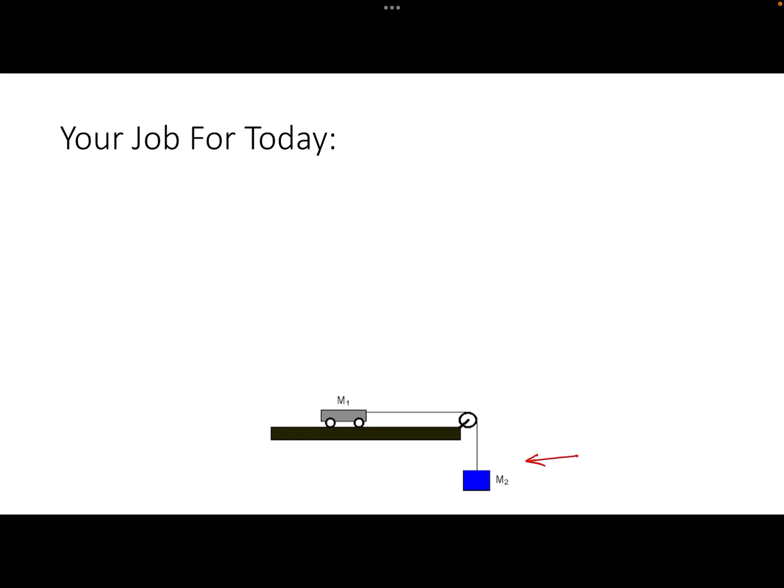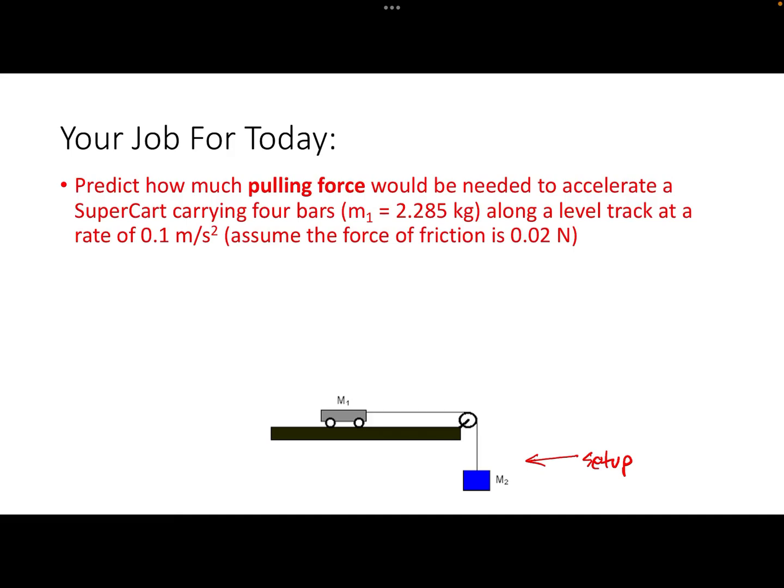You're going to have a supercart, and it's going to be attached with its hook to a string that's threaded over a pulley, and then a hanging mass will be suspended from that. All right, and the supercart is going to have 4 of those heavy metal bars on top of it.